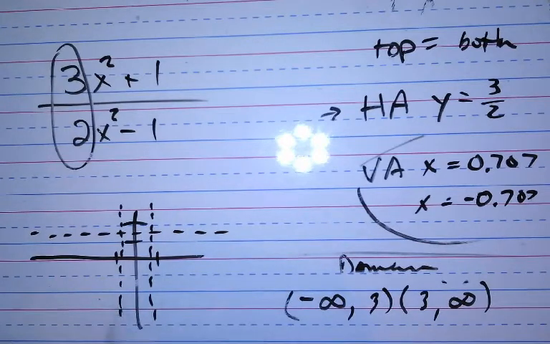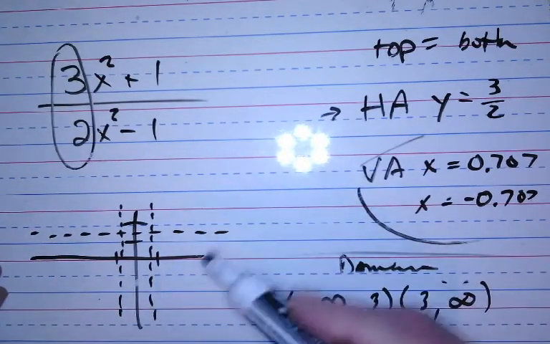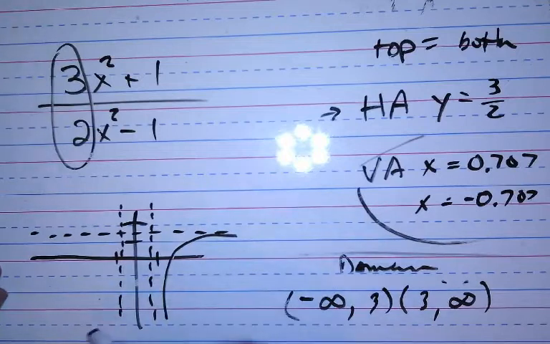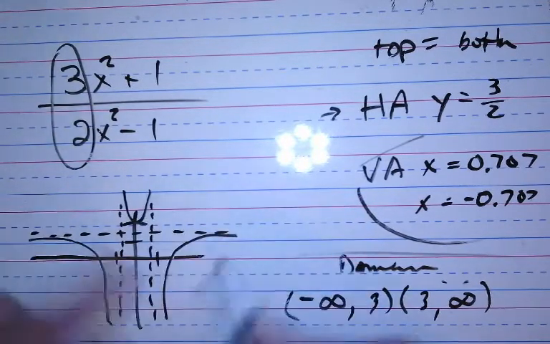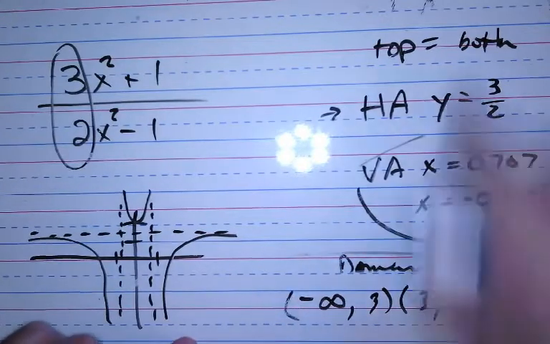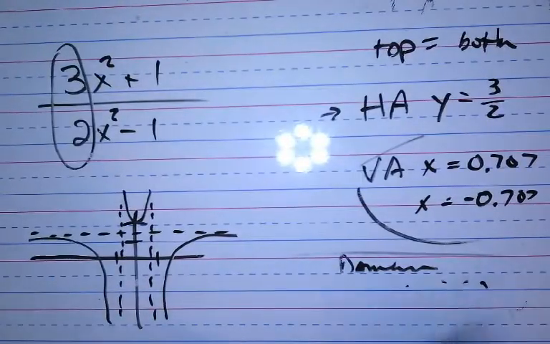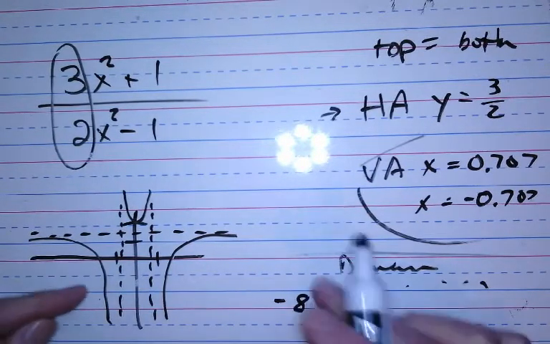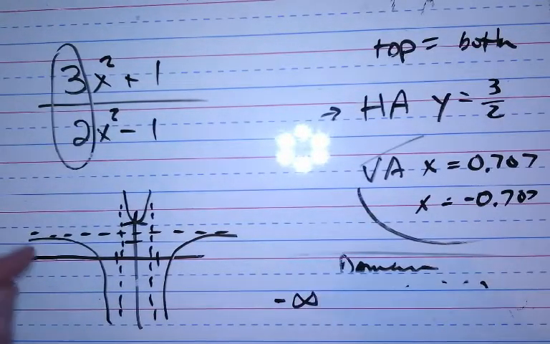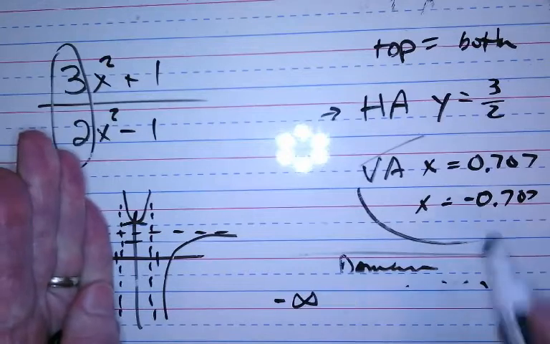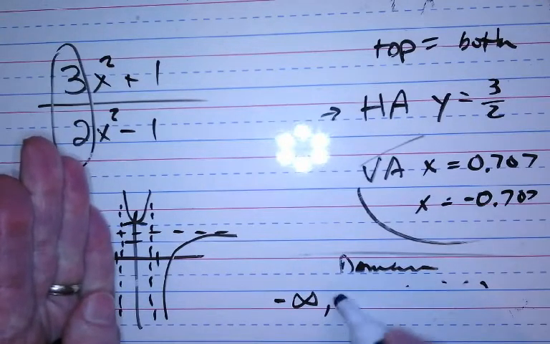right? So, what's going on? I still have a picture right here. I still have a picture right here. And I have another picture right here. I've got 3 pictures. So that means I have to have 3 domains. Right? So what's the first domain? From negative infinity all the way up to the very first asymptote, -0.707.